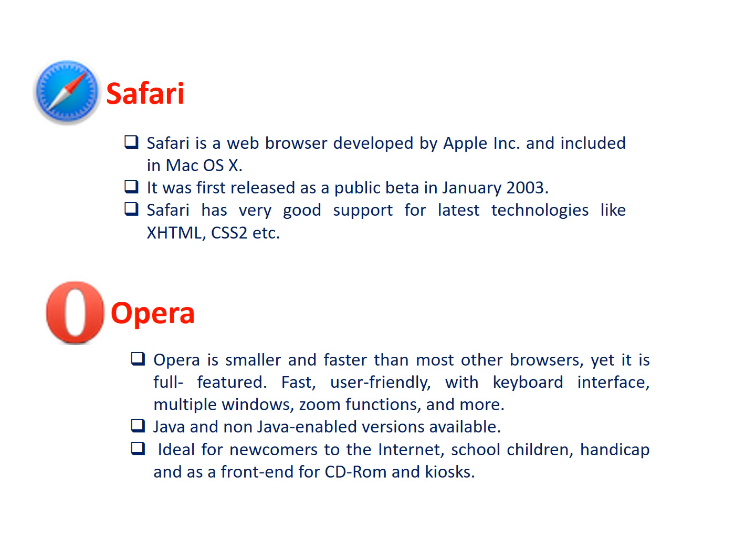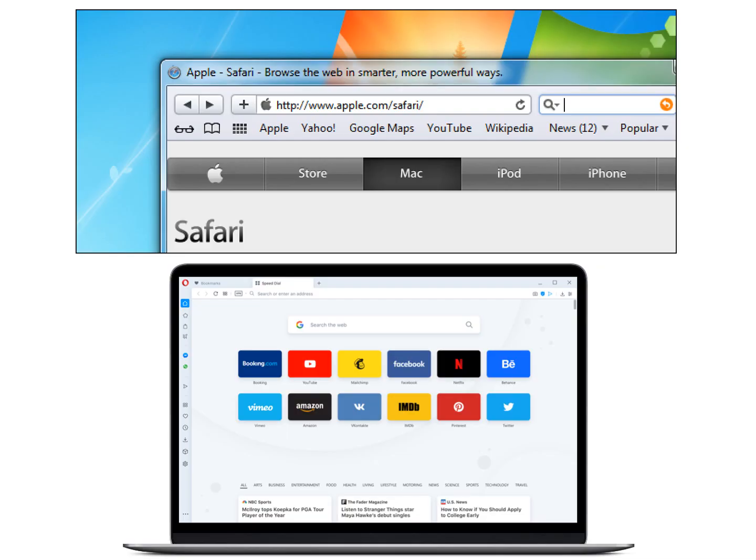Further, in this Opera browser, Java and non-Java enabled versions are also available. It has been found to be an ideal browser for newcomers to the internet, school children, the handicapped, and as a front end for CD-ROM and kiosks. This is the homepage of the Safari browser, and this is how an Opera browser homepage looks like.